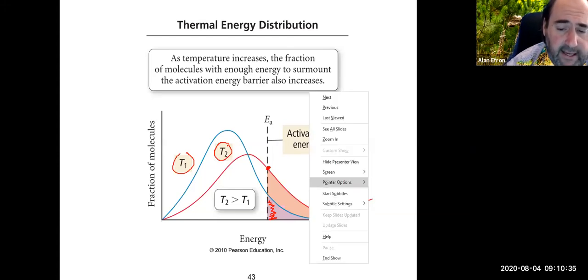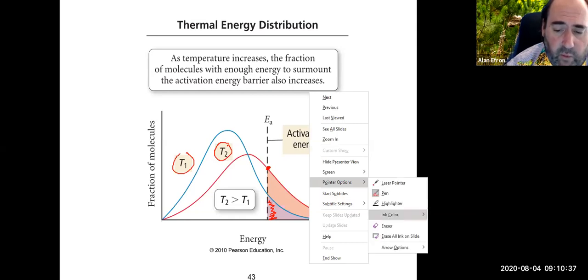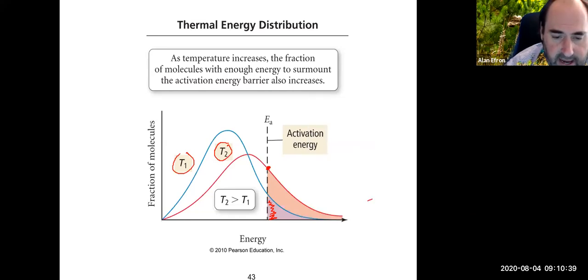When we raise the temperature, at that same spot, we have a whole bunch more molecules that have enough energy to get to the other side. So you can see here graphically, by increasing that energy, we do increase the amount of reactants or molecules that can get to the other side.